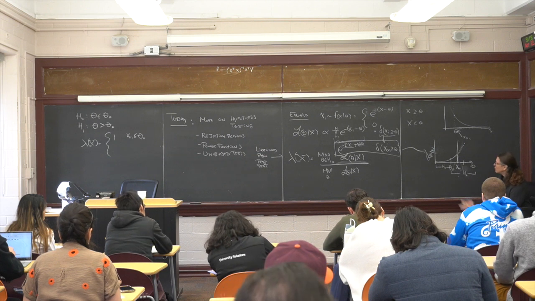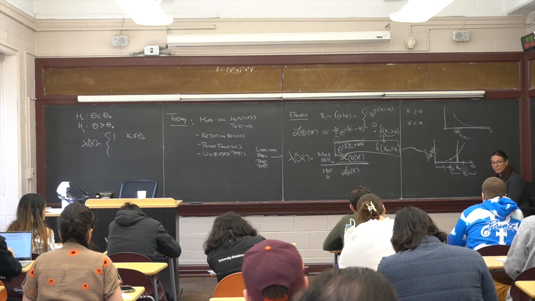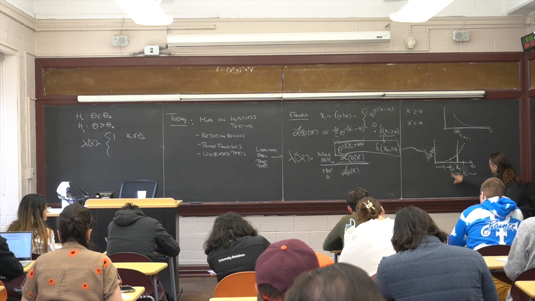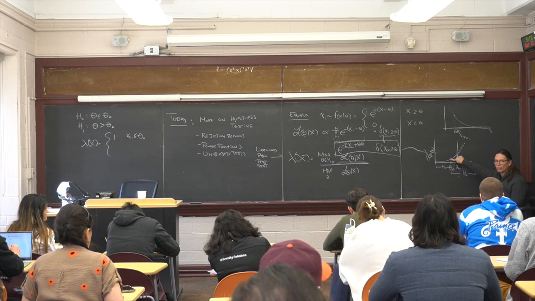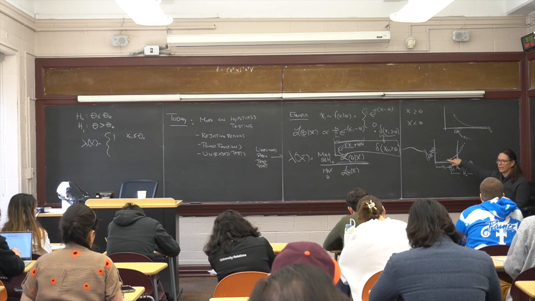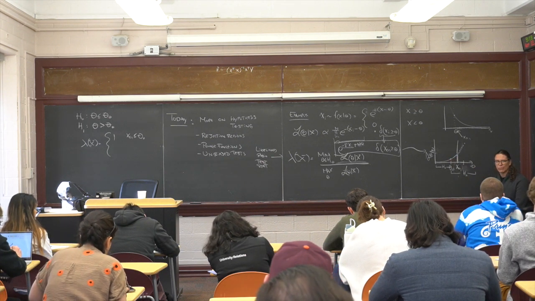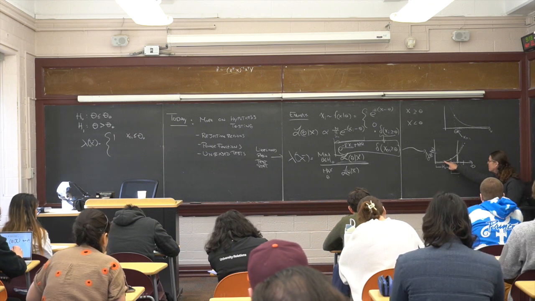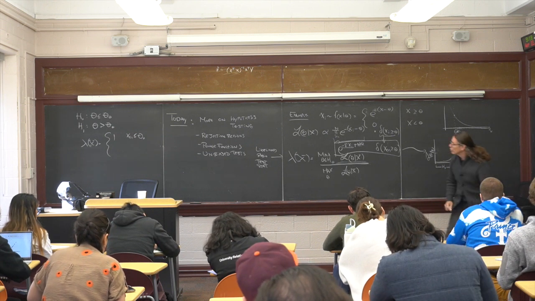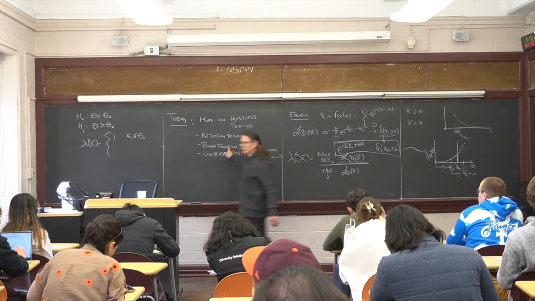So this case is a little bit more interesting. So theta naught's over here, the maximum in the null space occurs on that boundary. So that's an important thing, that the maximum occurs on the boundary. That's where you have the most power to detect this, because this is going up there.